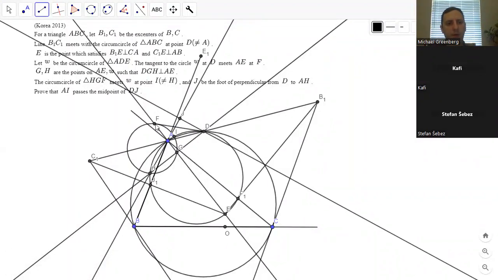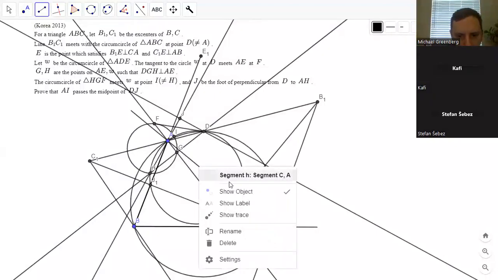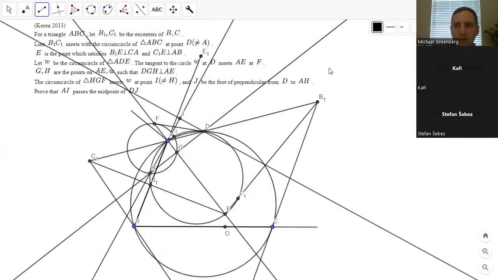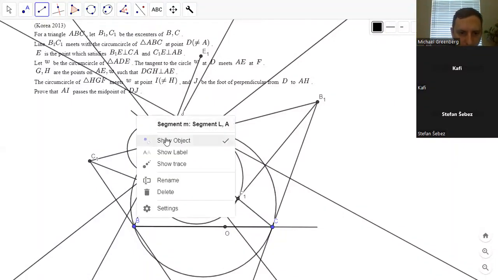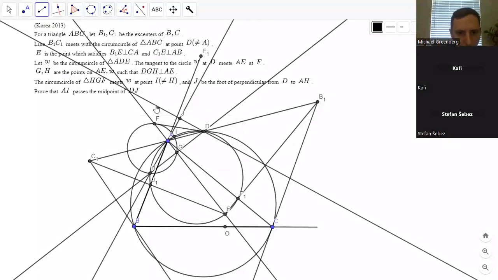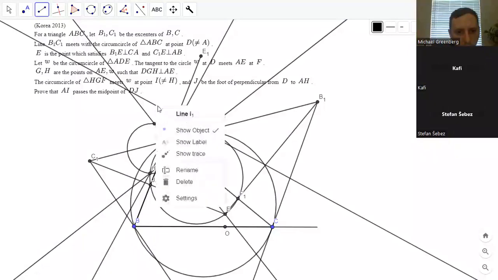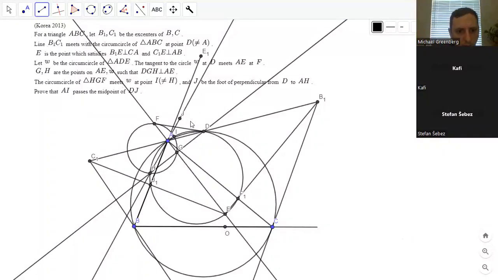Hold on one second. Do you mind if I make the diagram look a little nicer for a second? Yeah. Okay. Yeah, it's because I used the excenter tool. I basically drew in too many points. So J. Let's see.